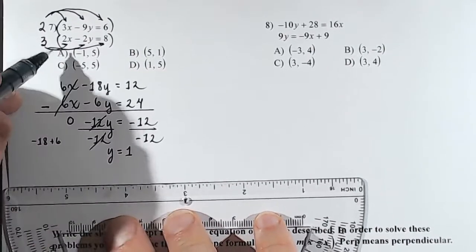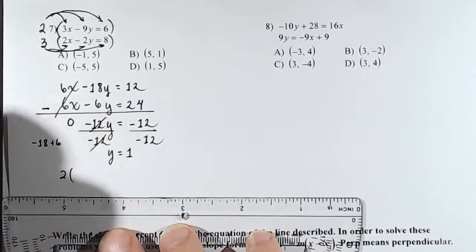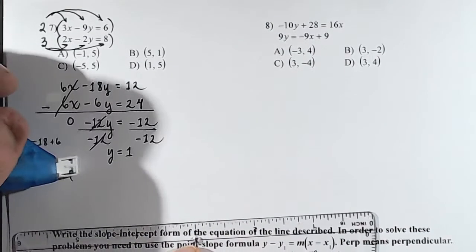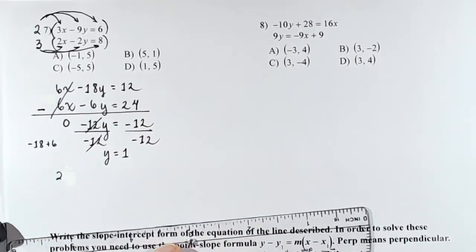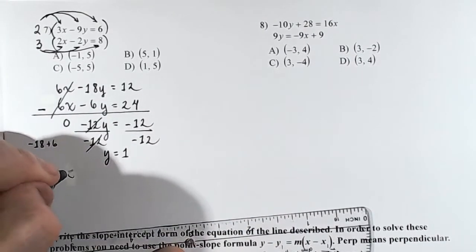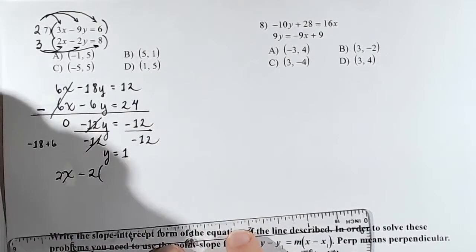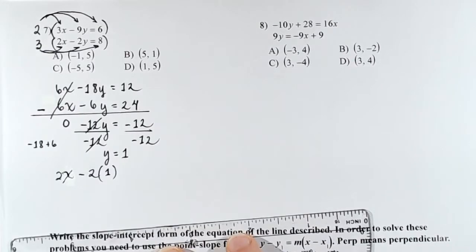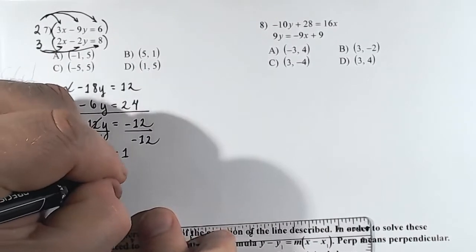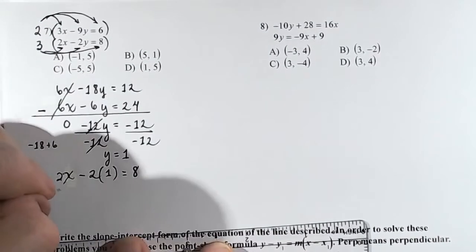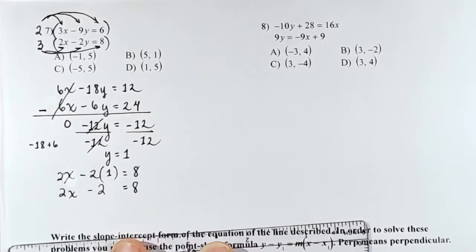Okay, so now I just have to plug that 1 back into either of my equations, and I'll just choose the bottom one. We write 2x minus 2 times 1, because we're going to take this 1 and plug it in for the y, equals 8. So I have 2x minus 2 equals 8.